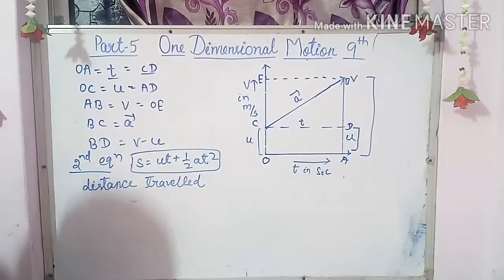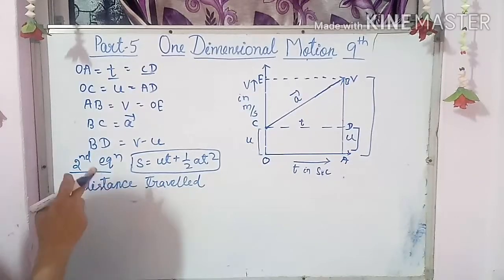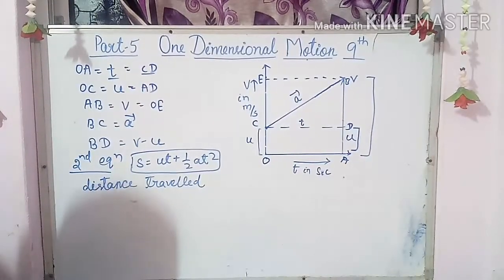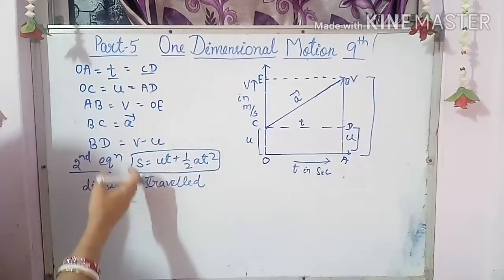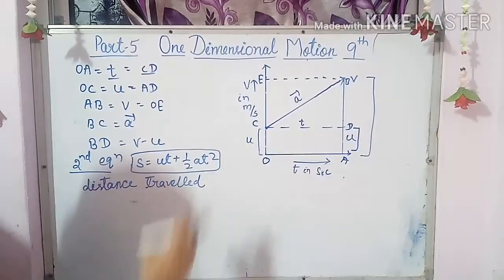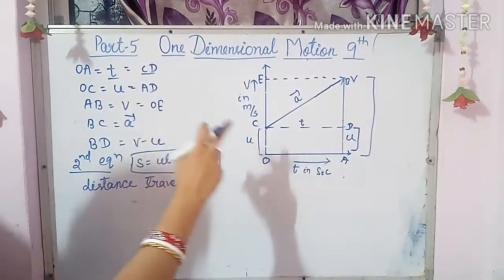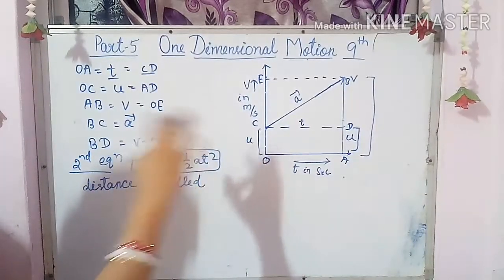Remember children, already I have told you how to calculate the distance traveled by the body. Just recall that if you want to find the value of distance traveled, you have to find out the area of the figure.